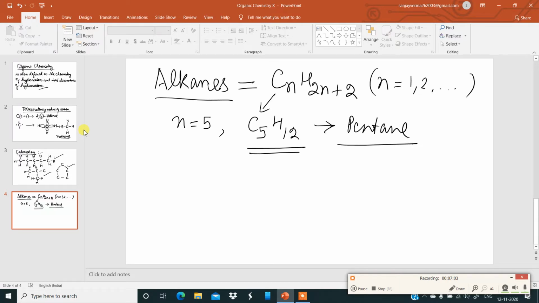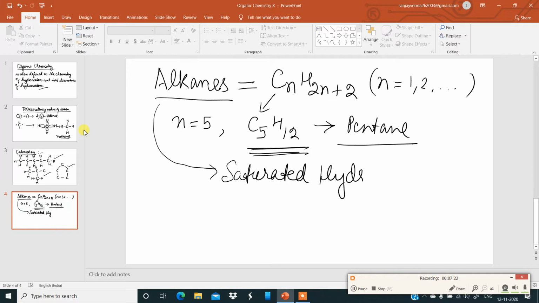Pentane. Okay. Now this is the molecular formula of pentane. In this compound pentane, which is an alkane, it is saturated. Alkanes are saturated hydrocarbons.